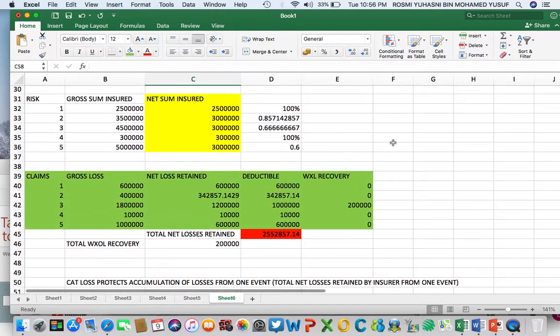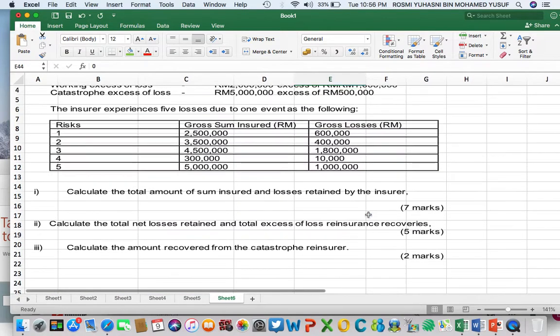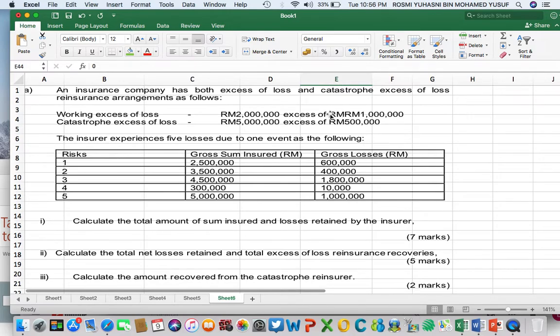Okay, if you can go back to my calculation example, which I've shared on YouTube, you can see that this is the deductible. Deductible is the amount that the insurer has to retain for each and every loss. And this is the recovery for each and every risk, or for each and every loss. You can see that the amount of cover is 2 million in excess of a deductible of 1 million.